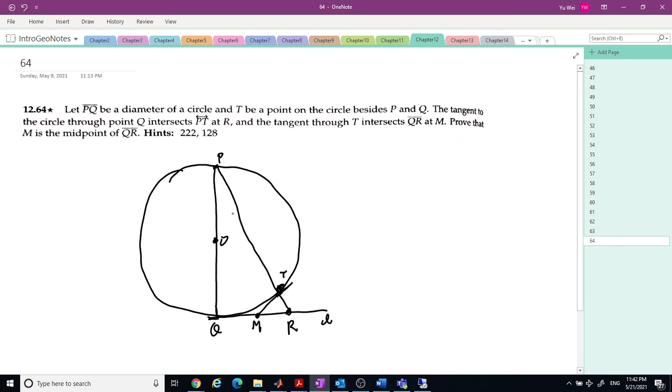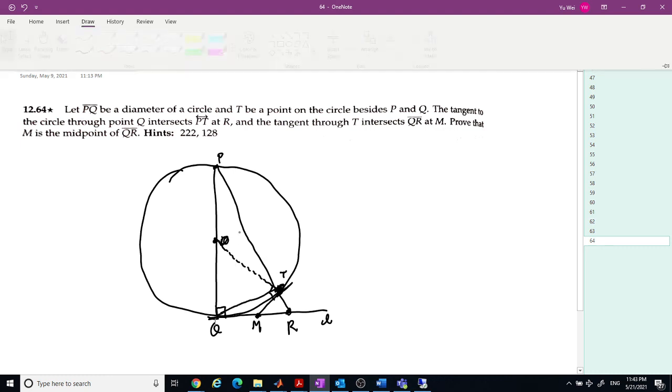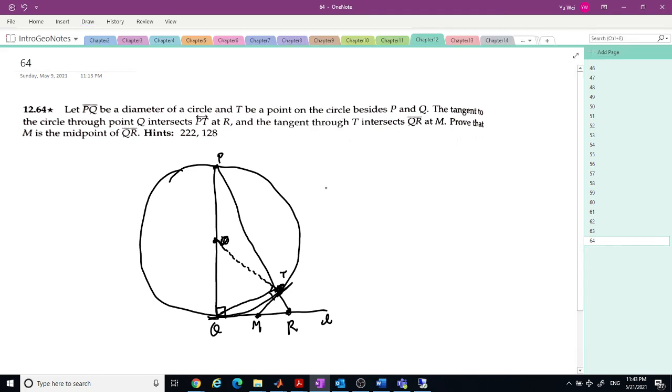Normally what we always do is connect the center with the touch point. So here is 90 degrees, here is 90 degrees, and we can connect QT, right? So here is some angle chasing.